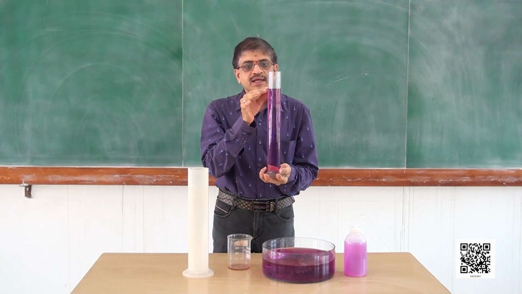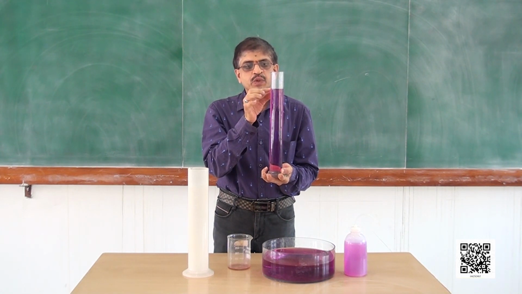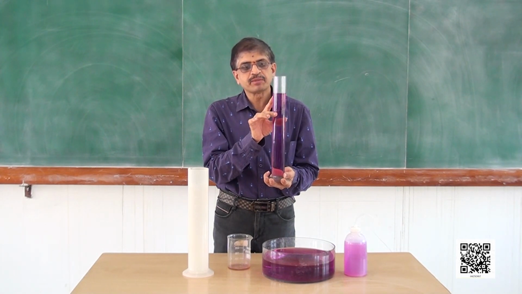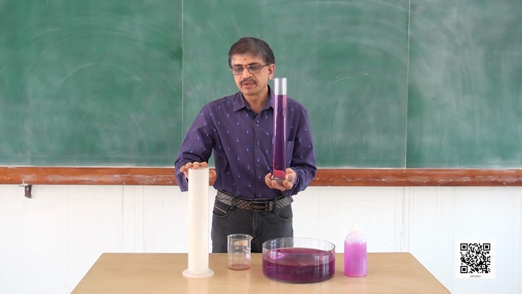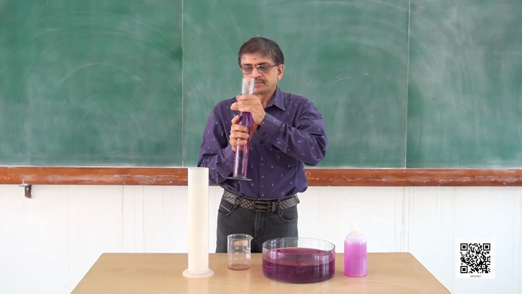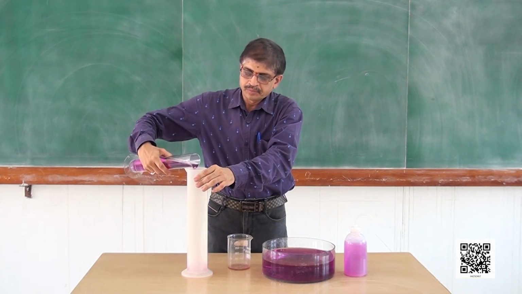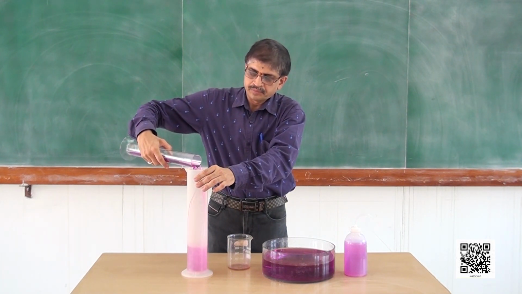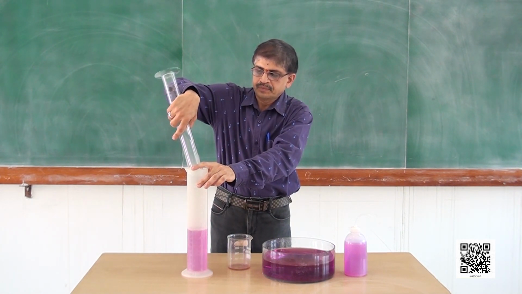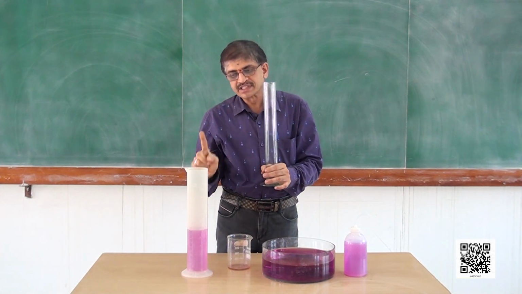Water level in this measuring cylinder reached up to 500 milliliters. So, this is 500 milliliters of water. We now transfer this 500 milliliters of water into 1000 milliliters cylinder. Please remember, I have transferred once.